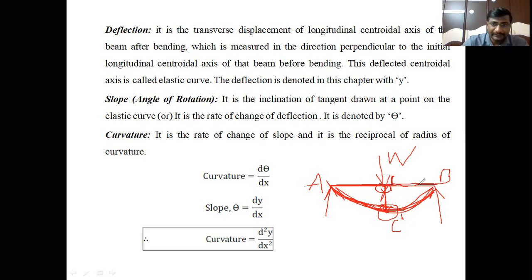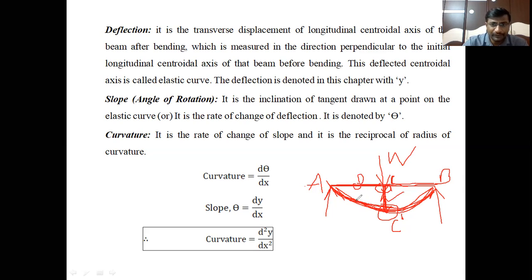Here, in this case, simply supported with point load at center, the maximum vertical displacement of the beam is at the center. So maximum deflection occurs at the center. Let us take some other point on the beam. Let us take this point as D before bending.